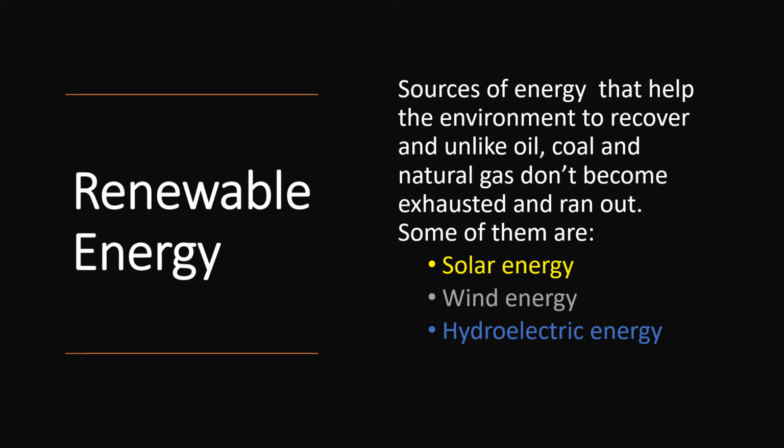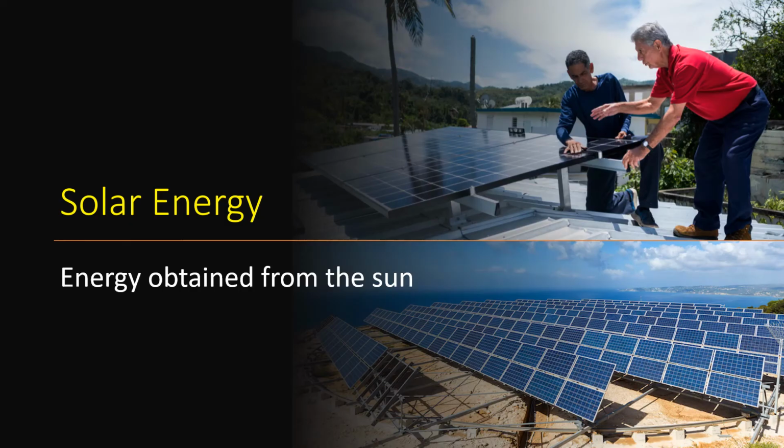The first one, colored with yellow, is solar energy. The second one, colored with gray, is wind energy. And the last one, hydroelectric energy, colored with blue. These are the three sources of renewable energy that we have and we're going to cover individually today.